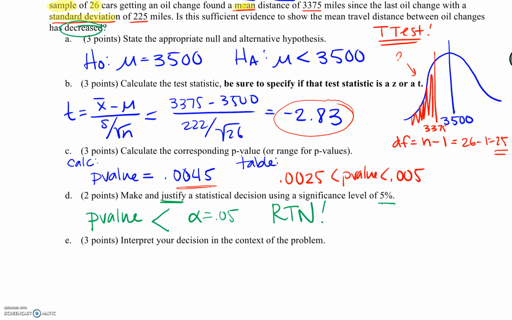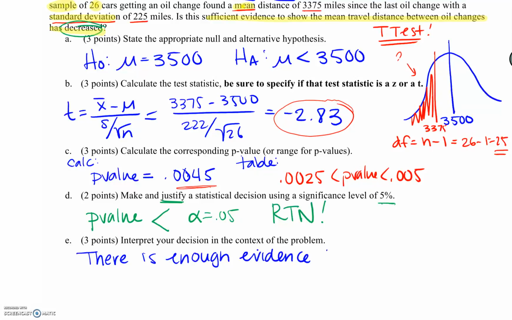And so when we interpret our result, we get to say there is enough evidence, or there is sufficient evidence, to conclude, to suggest. And in this case, again, look at that last sentence: sufficient evidence to show the mean travel distance between oil changes has decreased. Perfect wording. We can just go ahead and steal that.